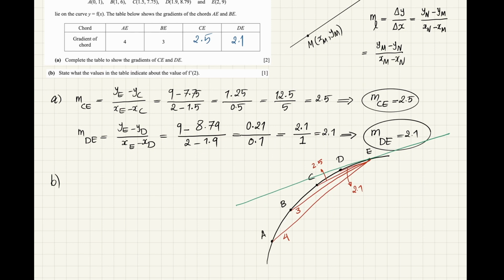Because the x-coordinate of point E is 2, so when you write f prime of 2, that is the gradient of the tangent line. So the gradient of the tangent line at E is equal to f prime of 2.